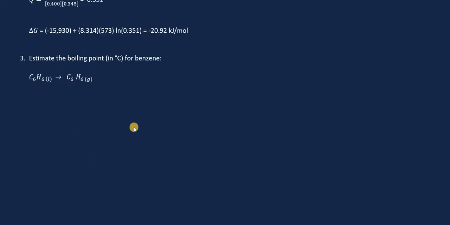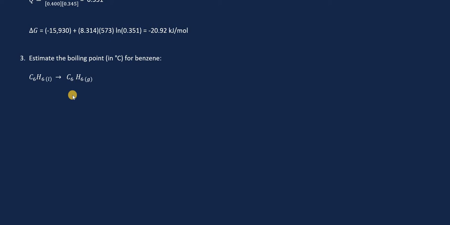So in order to do this question, for example, where you estimate the boiling point in degrees Celsius for benzene, so we've got liquid benzene going to gaseous benzene, and we can modify the equation for Gibbs free energy in order to solve for temperature, and that's the temperature of the phase change. And the phase change is going to occur when the Gibbs free energy is equal to 0 for the reaction.